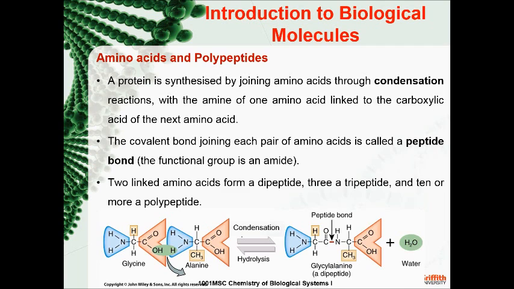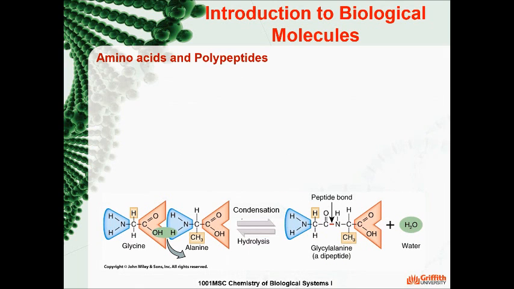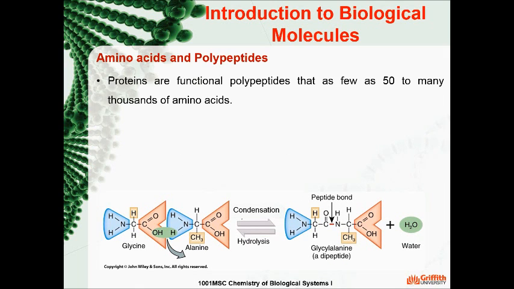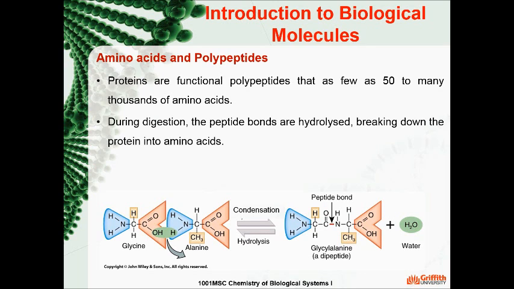The reverse reaction requires hydrolysis of the peptide bond to break the peptide into amino acids. Proteins contain at least 50 amino acids. During digestion, we hydrolyze the protein to break it down into amino acids that we use in our body.